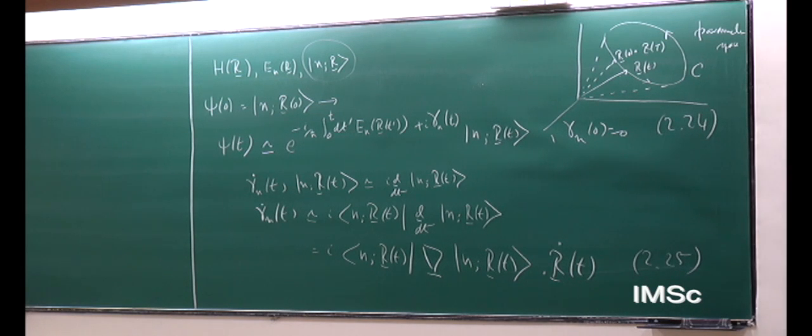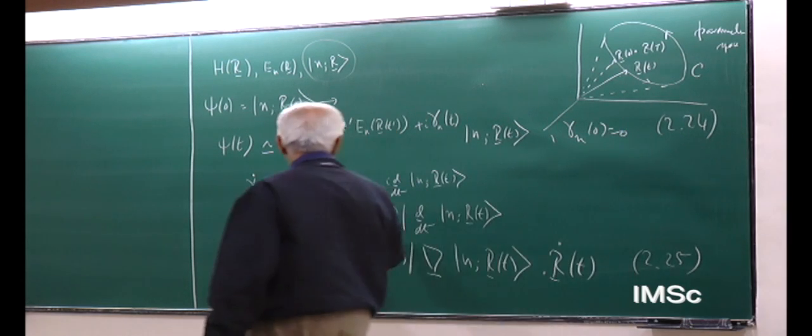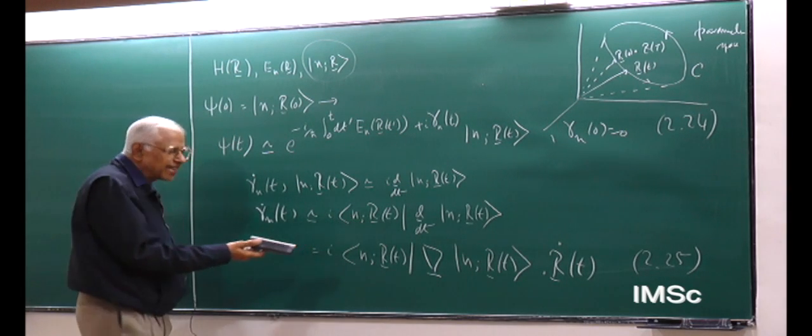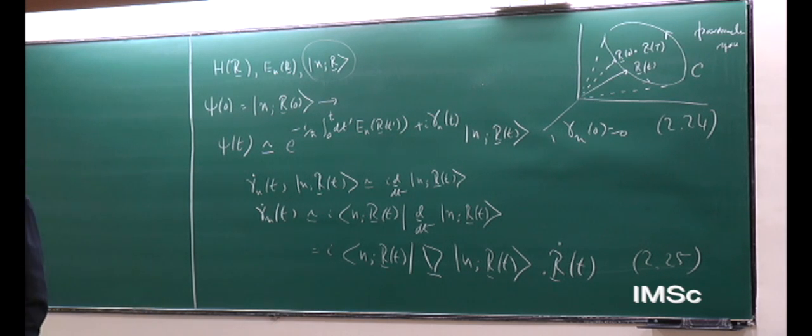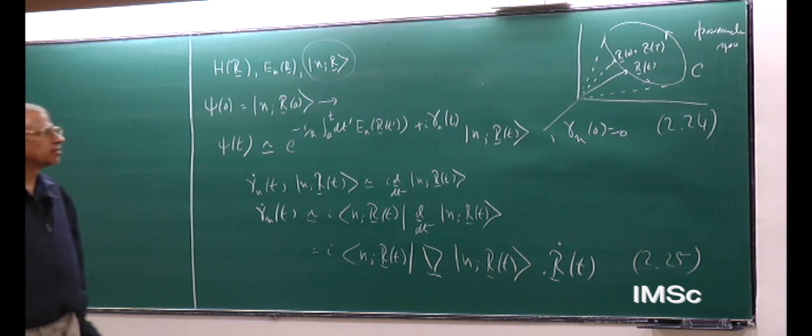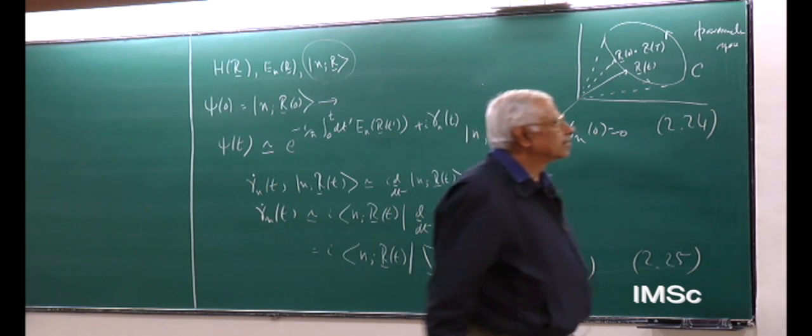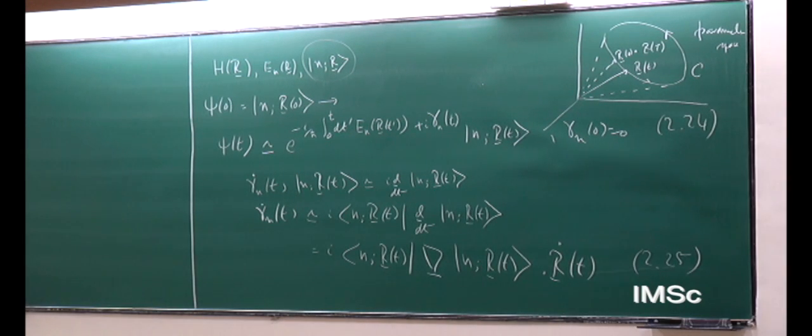Yeah. How is this equation? Which equation? Gamma dot equals the expectation value of d by dt. Not expectation value. Yes. Please. Sorry. How is this equation different from the equation on the right hand side of the top? Which equation? When we say the inner product is 0. This is a convention.